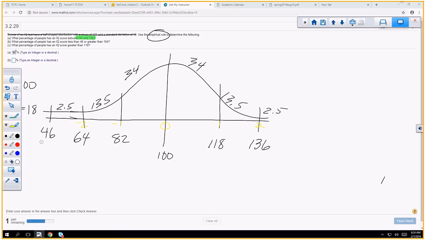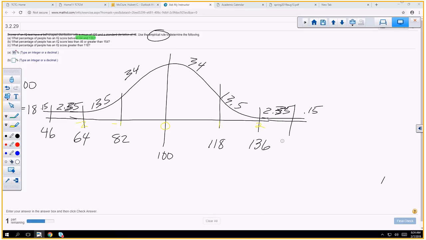So that means we got to change this to 2.35 and 0.15, or whatever y'all's book calls it. Is it 0.15? Okay, over here I'm going to do it too. 2.35 and 0.15, and this will be 136 plus 18, which will be 154.